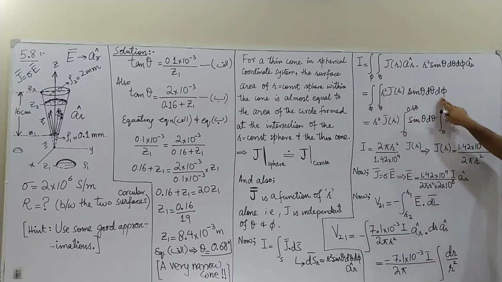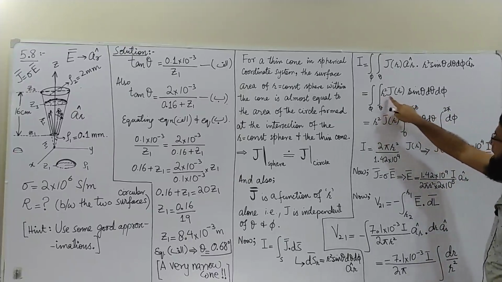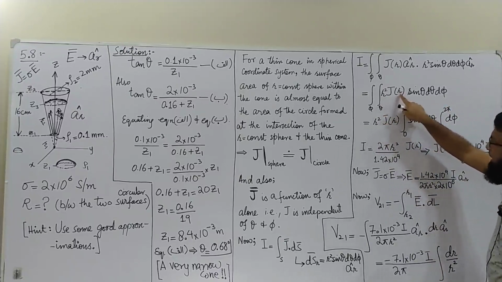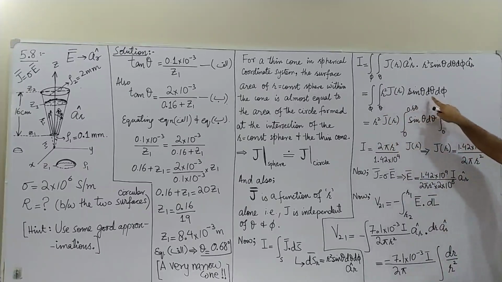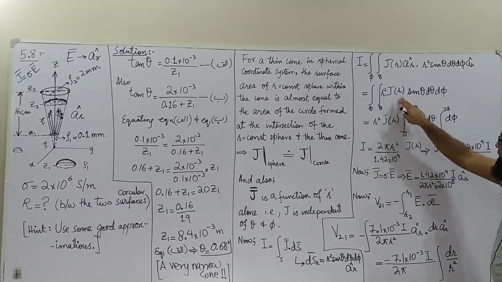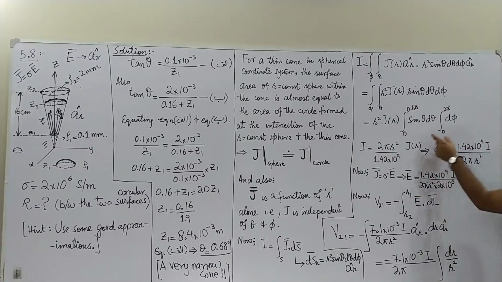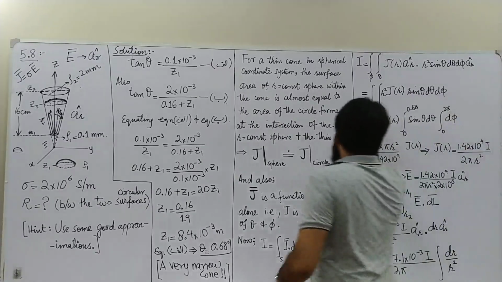Now we have got this, so R is constant and any function of R is also constant. Why? Because variables of integration are theta and phi. So R square and J, which is a function of R, can be taken out of the integral sign and the integration can then be performed. And remember that on the left hand side we have got I.